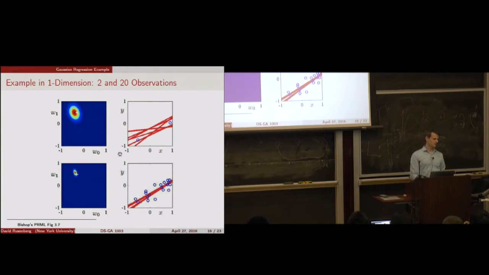Interesting question. Why are we bothering plotting a whole distribution of prediction functions? Why not just choose the one that seems best? I'm going to say maybe you mean the highest point of this distribution, the mode of the distribution.